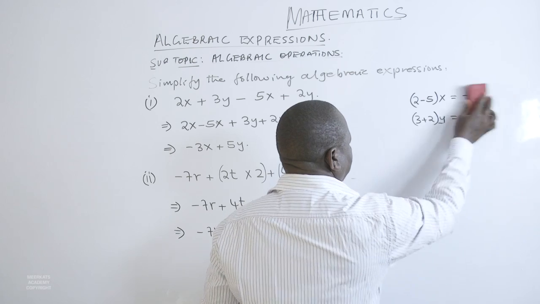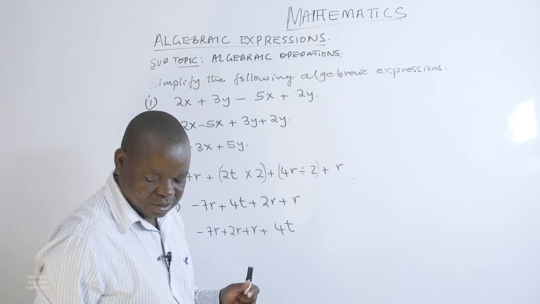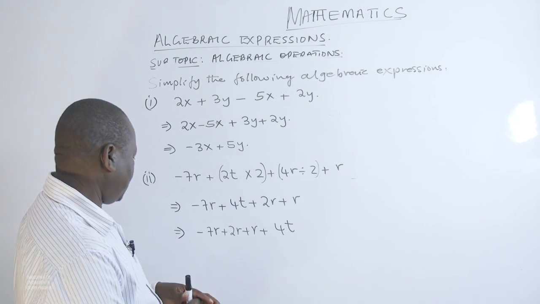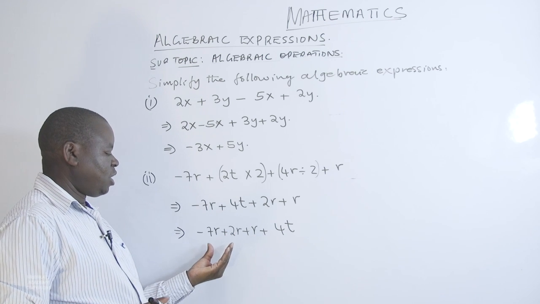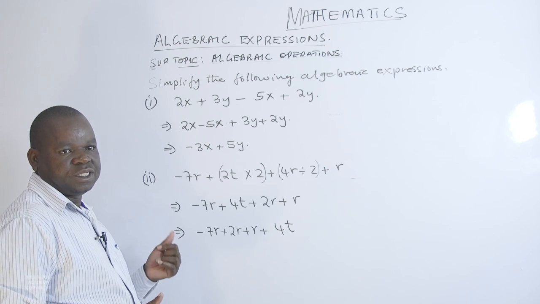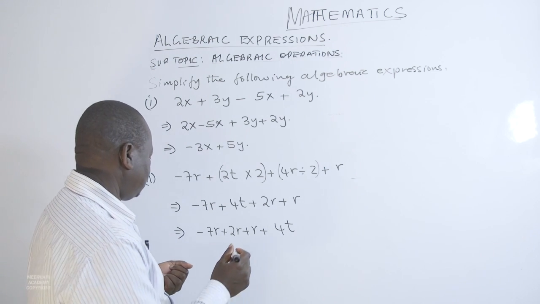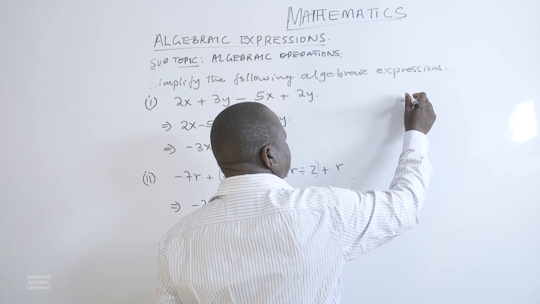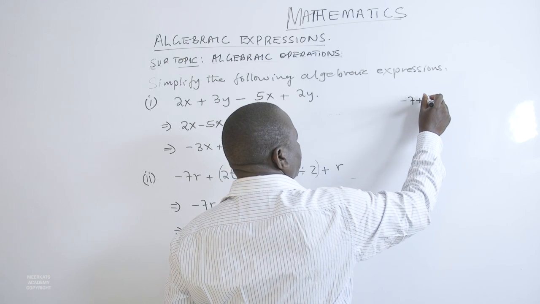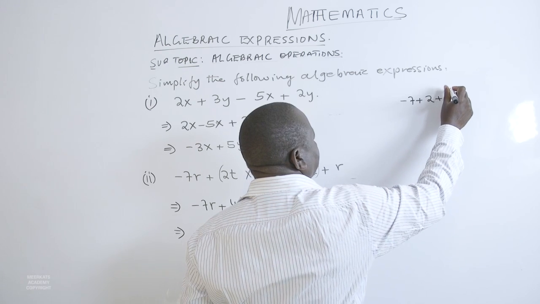So once we have done that, now we can add and subtract all the terms in pronumeral r, which will give us minus 7 plus 2 plus 1.